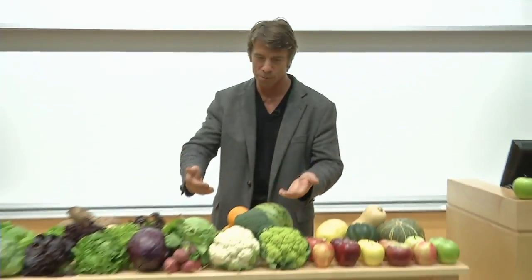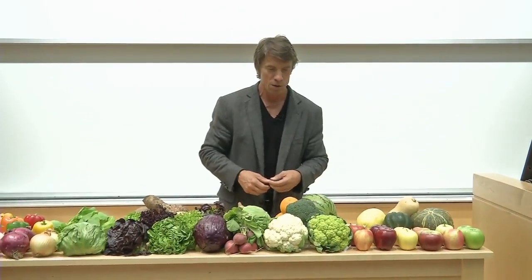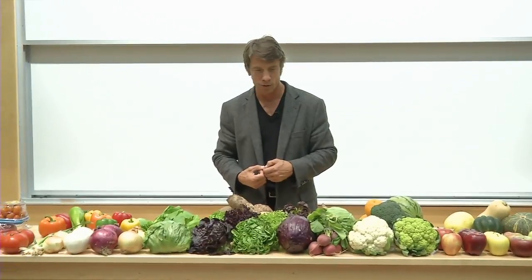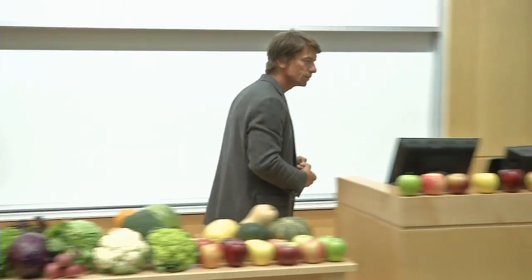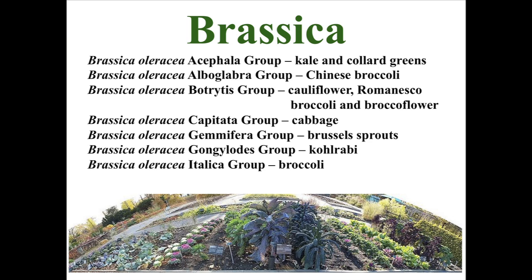So like the dog, and you have all of these different varieties from Chihuahua out to Great Danes, one species gives us the diversity from broccoli to cauliflower. And all of this derived by human selection. And here are some of the other Brassica oleracea, kale, collard greens, Chinese broccoli, and the like, all derived by human selection.